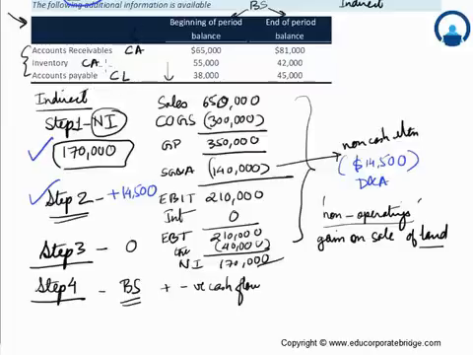So this is the first step, identify whether it is a current asset or current liability. Now look at the change. Accounts receivable has increased by 16,000. Inventory has decreased by 13,000. Accounts payable has increased by 7,000.